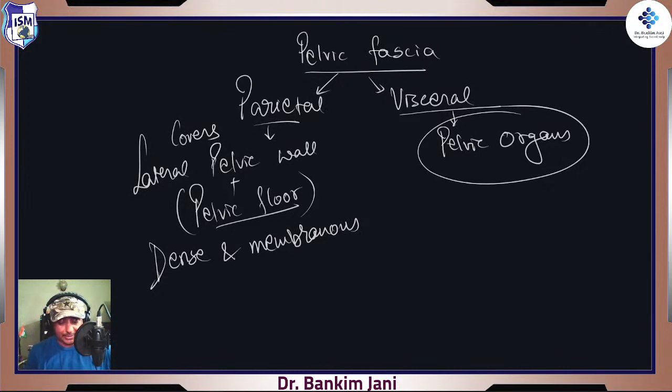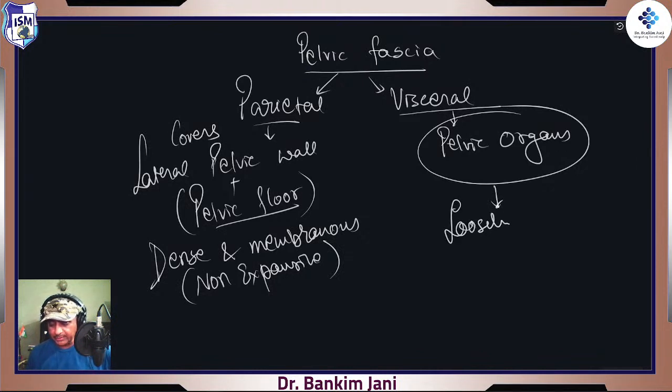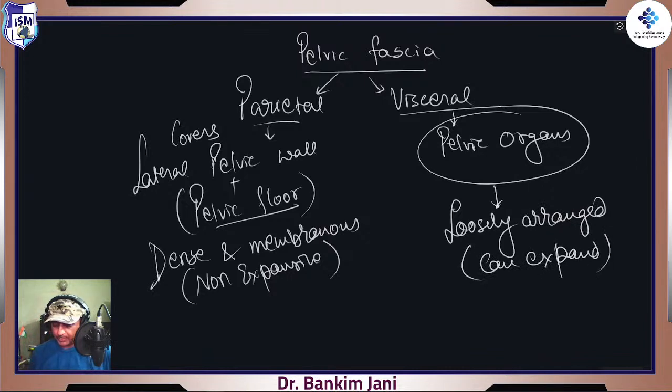That is tough, non-expansile, sort of fixed, while these organs do expand. So the visceral is loosely arranged so it can expand. That's the basic difference between both of them.